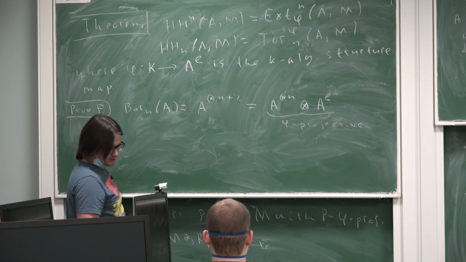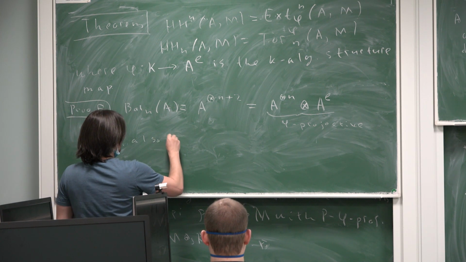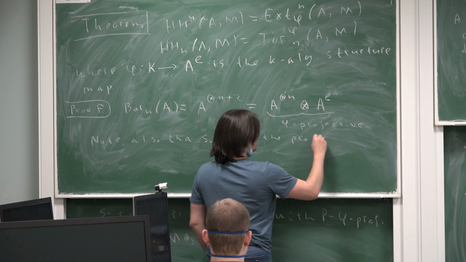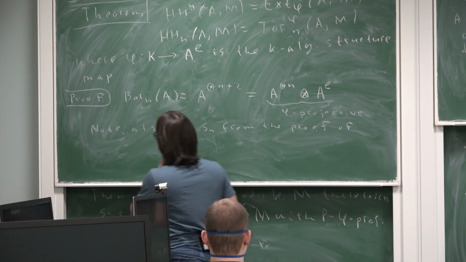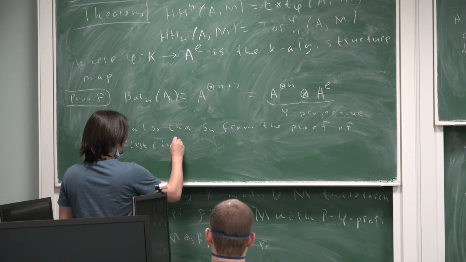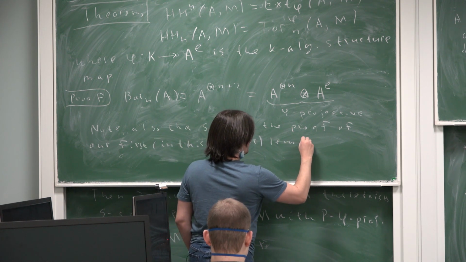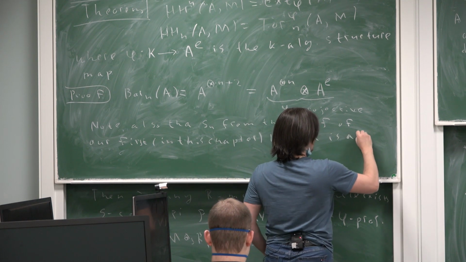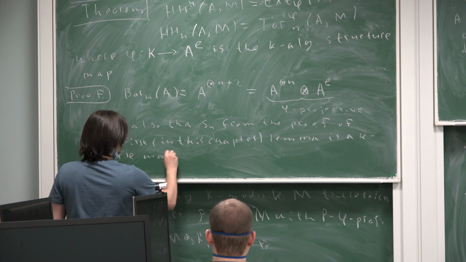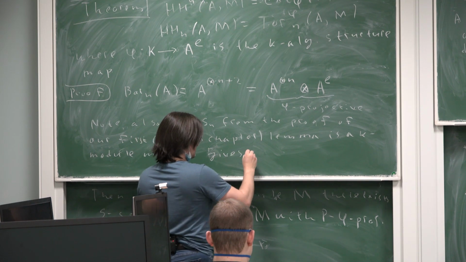And also we know that Sn from the proof of our first lemma in this chapter is a K module map, so gives K splitting.